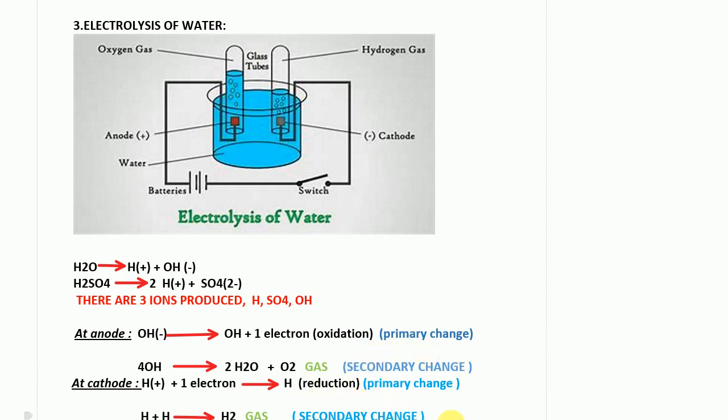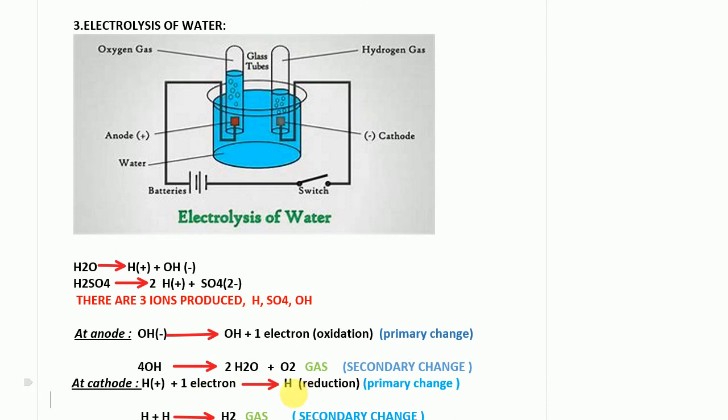Similarly, at the cathode, H plus will gain one electron and it will get reduced. H plus will take one electron and it will become H. The stable H is now formed, and the process in which there is a gain of electron is known as reduction. This is our primary change.